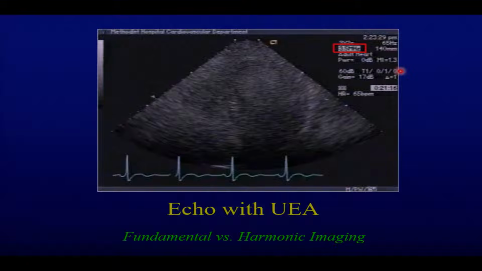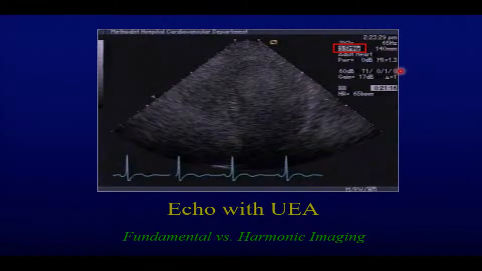Notice the difference in image quality. I'll start by saying that the image you are seeing right now on still is fundamental, and it is not pleasing to the eye. You cannot differentiate myocardium well from cavity, right? They're about the same.